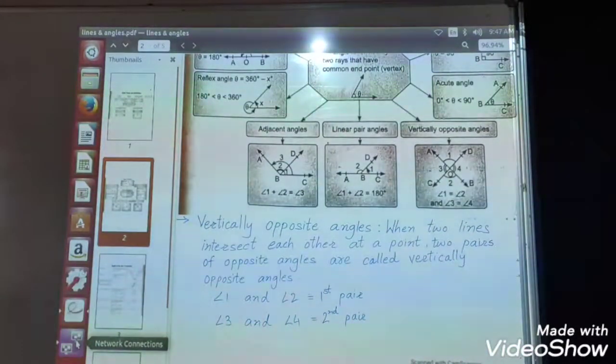They both make the second pair of vertically opposite angles. These are different types of angles which we already have learned in our previous levels. So all these basic concepts regarding lines and angles, we will continue further in the next lecture. Thank you.